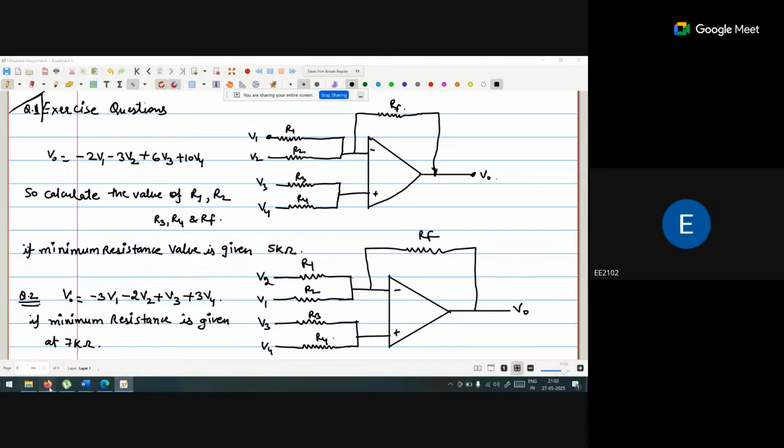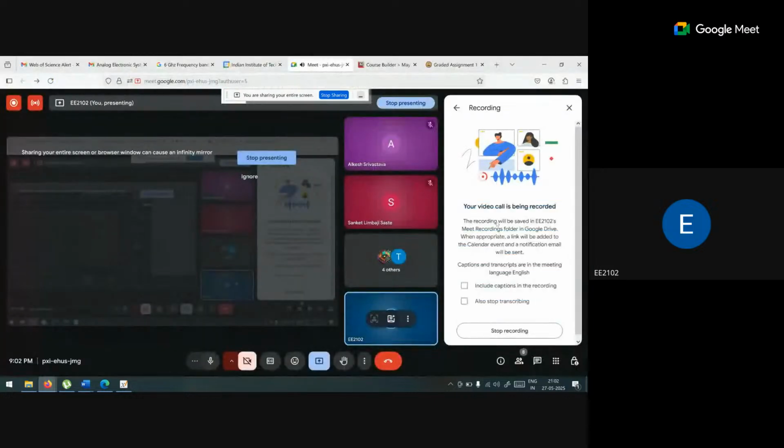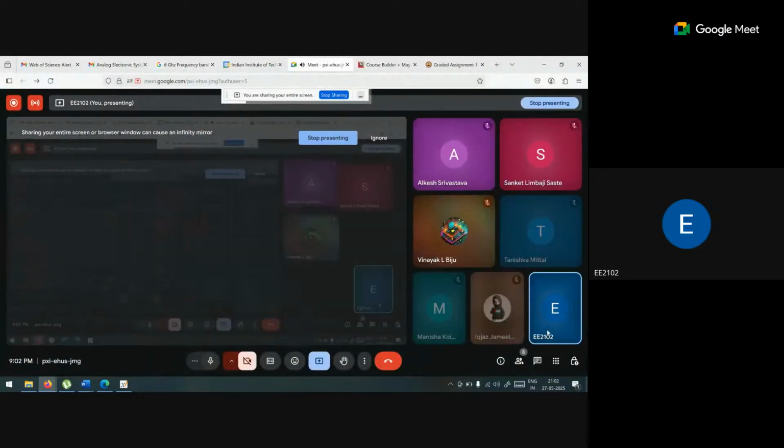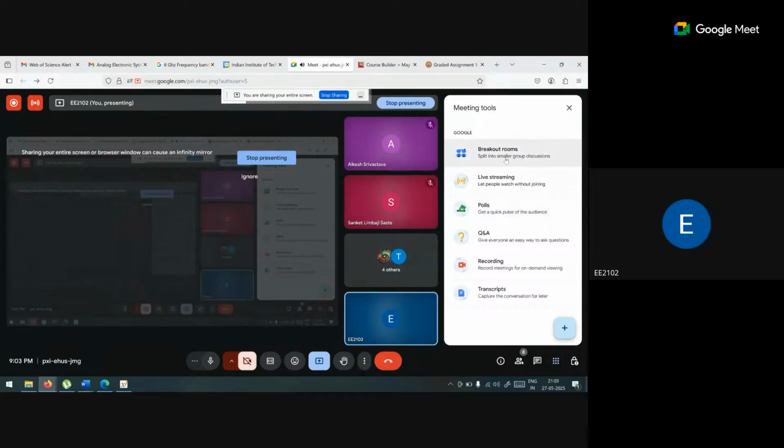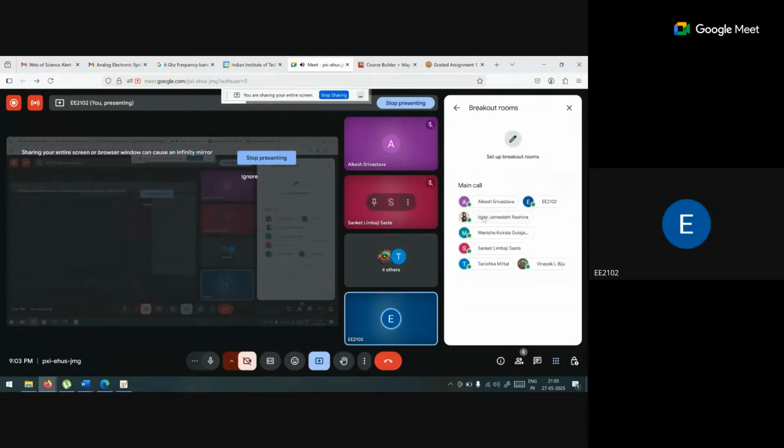Okay, so these are the two questions. I just split this class into two groups. In group one: Alkesh, Manisha, and Sanket.